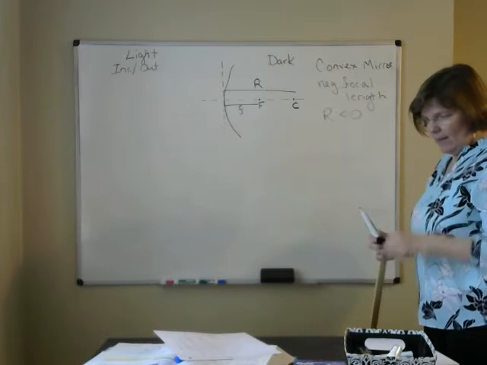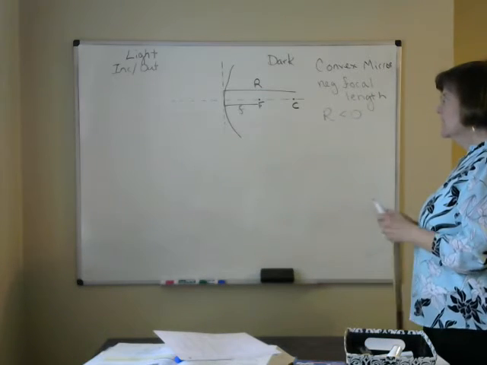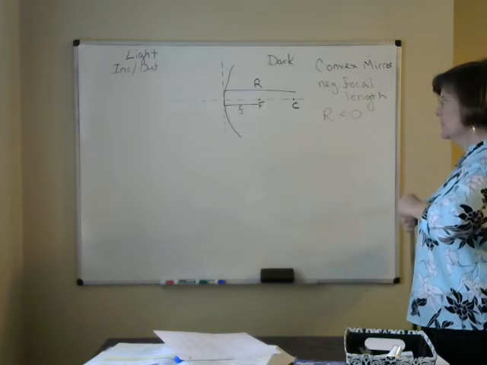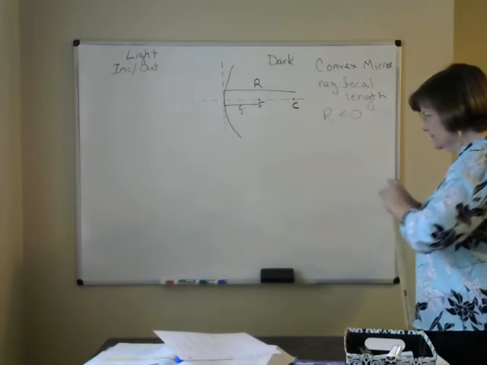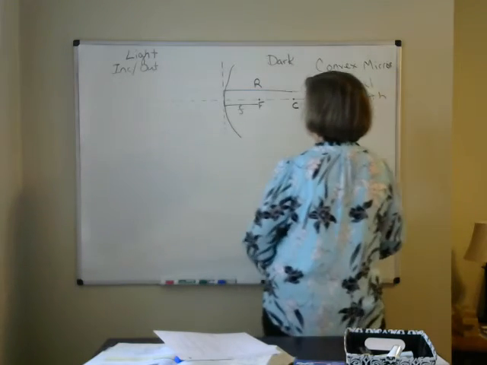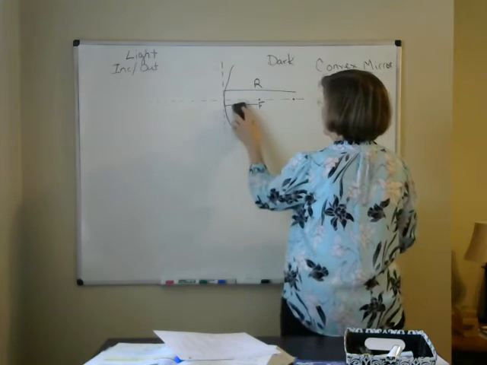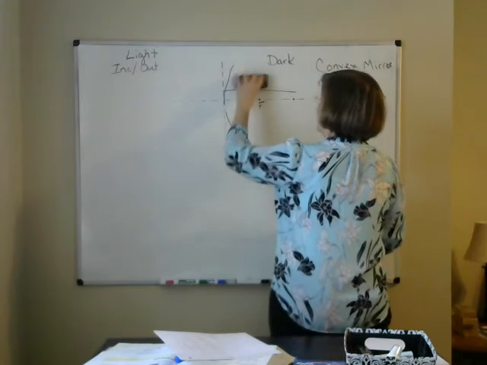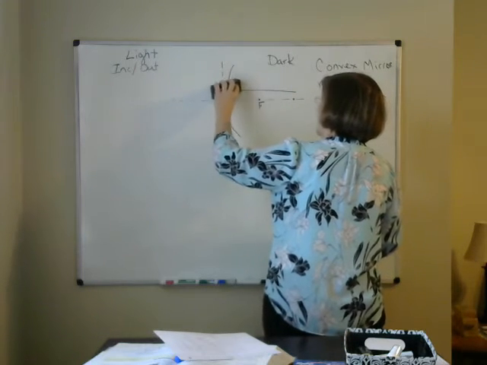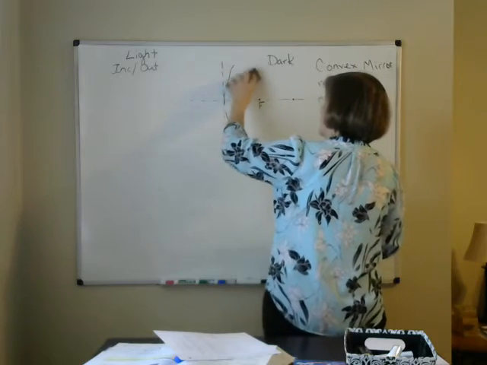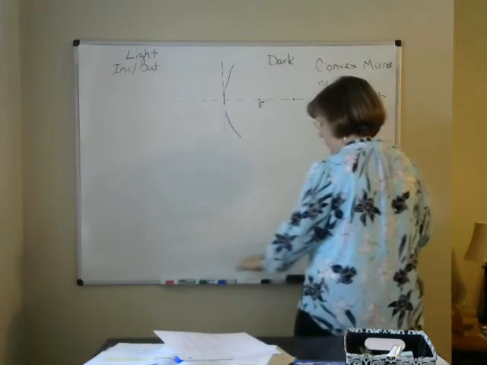Okay. As far as rays go, let's draw what the rays would do. I'm going to erase some of the extra writing here and just keep the focal point. It's the interesting point.